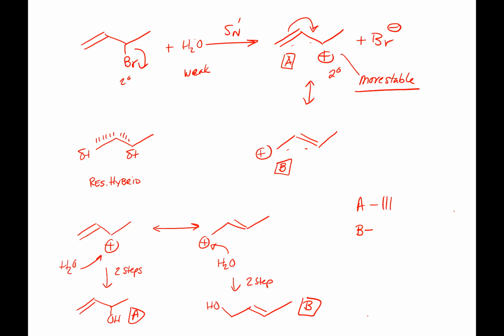Do we have any rules about primary, secondary, or tertiary alcohols being more stable? No, we don't. Do we have rules about more substituted double bonds being more stable? Yes. So we have these two things that are in opposition to each other.